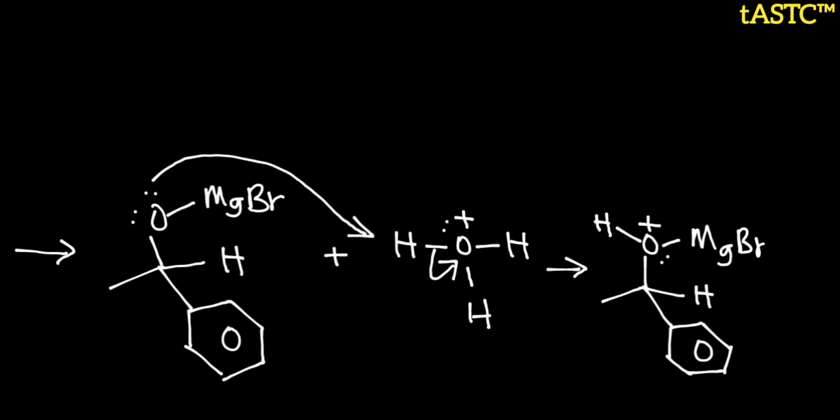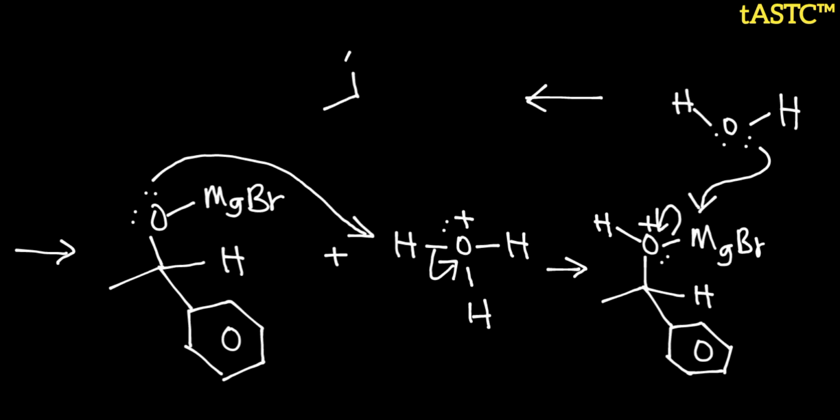Now that is the water which was formed from the previous step. So this is water, and it detaches the magnesium bromide away from the system, and that bond returns to the oxygen. So that is going to give us something like this. This will be a hydroxyl group, and this is the hydrogen, and this is going to be the phenyl group, right?